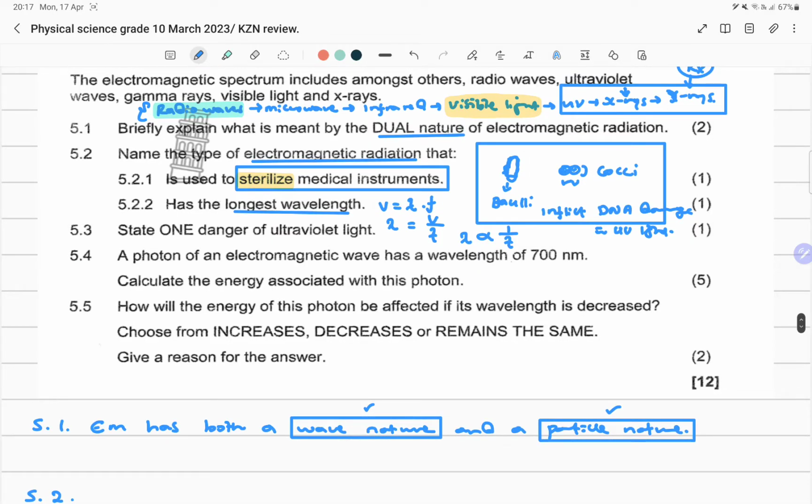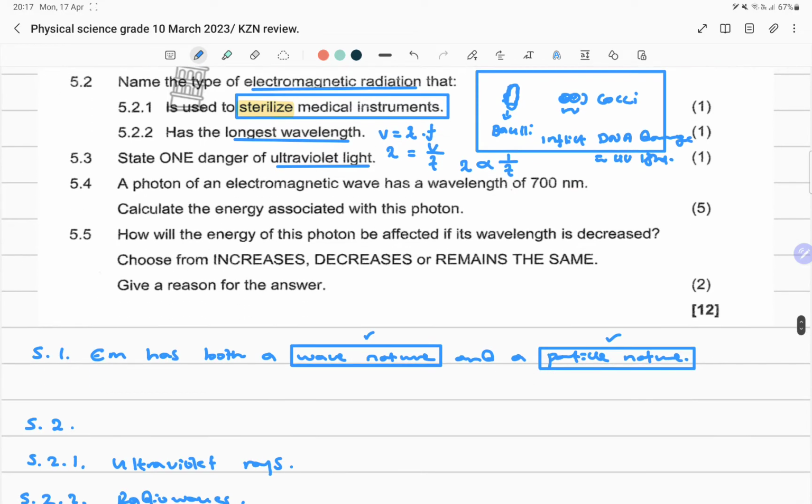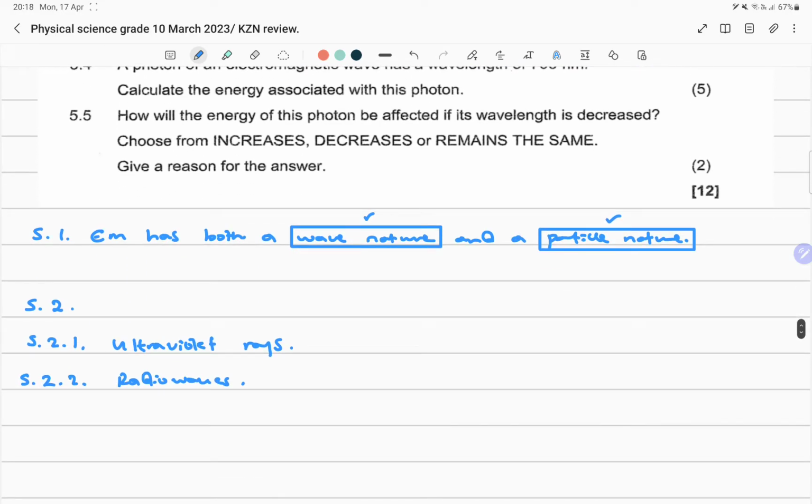Let's move on. Now, it says state one danger of ultraviolet light. As I already stated, as much as we use it for sorting out our problems, it can actually create problems for us. It can cause cancer.